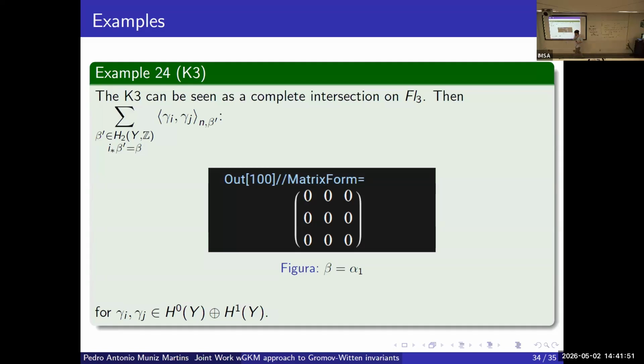Again, we are using the identification with the Schubert cells. These guys will be the Schubert cells again, and the pullback of them.